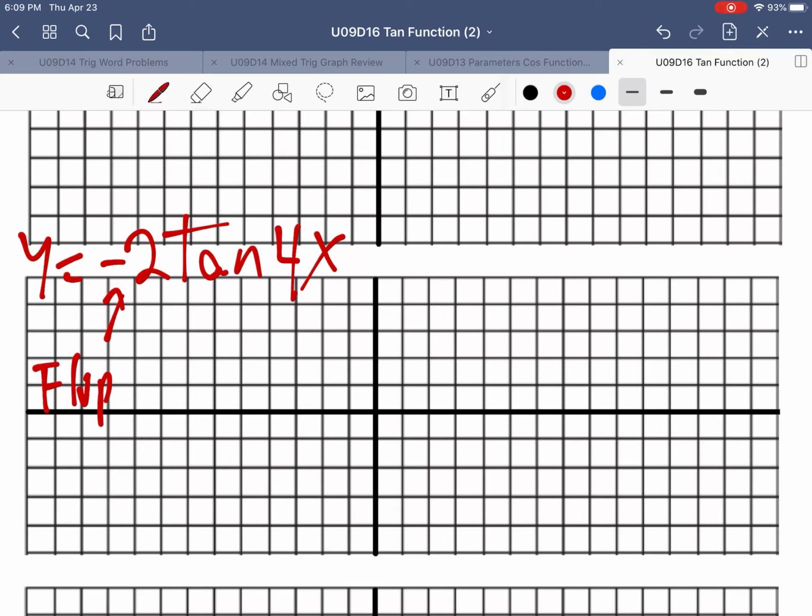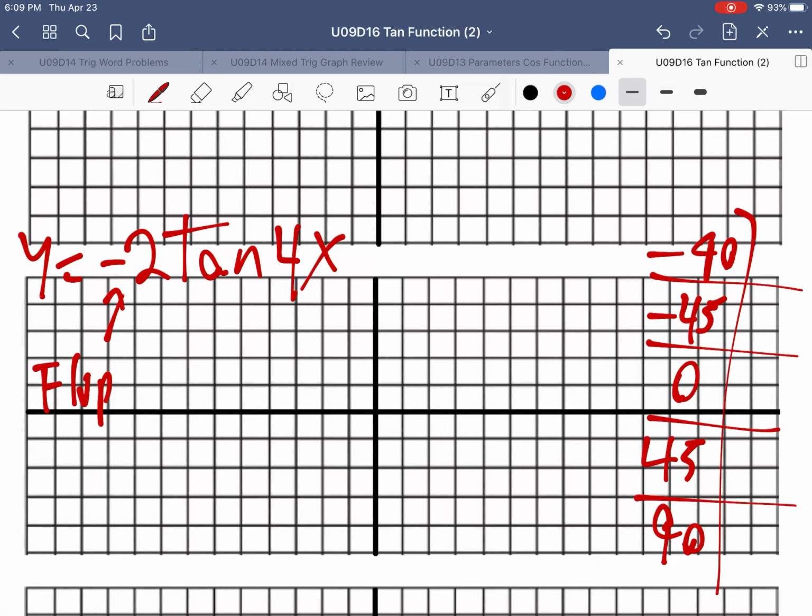So for instance, normally at negative 45, which is halfway between the end of the curve and the center of the curve, and at 45, which is halfway between the asymptote and the intercept, normally those would be 1s, but because we have a value of negative 2, those will become the opposite sign.